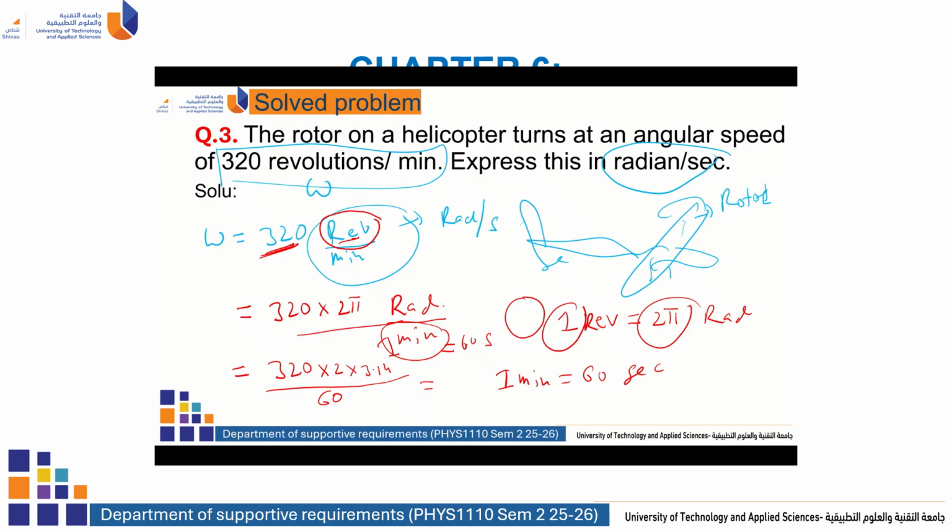Now if I calculate this, divided by 60, this will be 33.4.